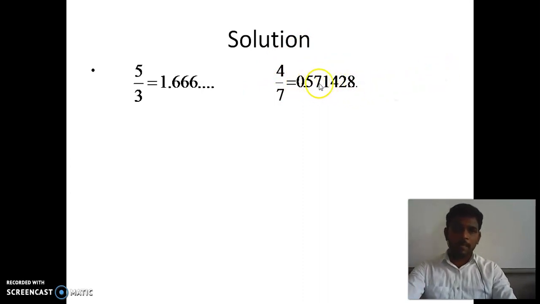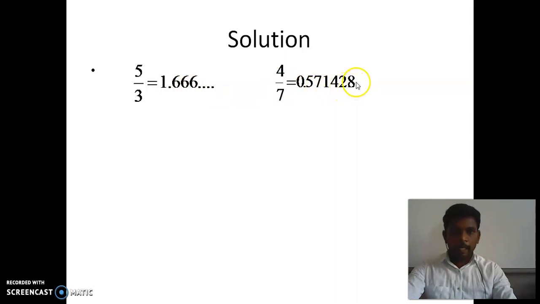So 0.571428, and then it keeps going on 571428. This set of numbers is repeating. So these two rational numbers come under the category of non-terminating recurring. Look here, non-terminating means it keeps going on, and the number 6 is repeating here. So non-terminating recurring. What about here?